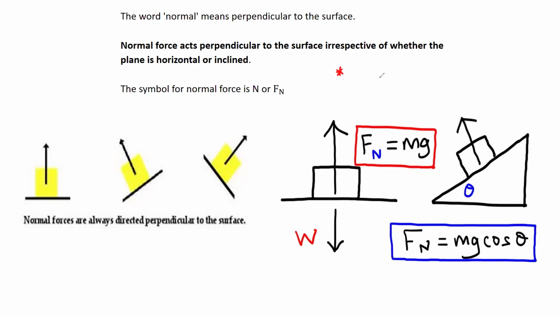No, it's going to be the same thing. Okay, now I understand, you're talking about a slope like this and a slope like this. Yes, it's the same thing. The normal force is just dependent on the mass of an object, gravity, and the angle of inclination, not the direction of inclination.